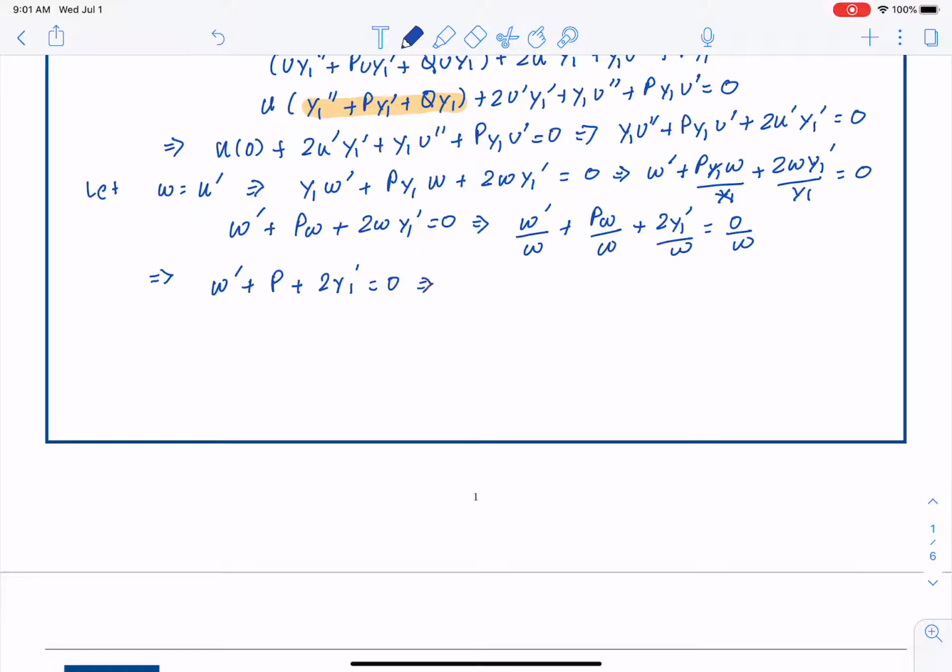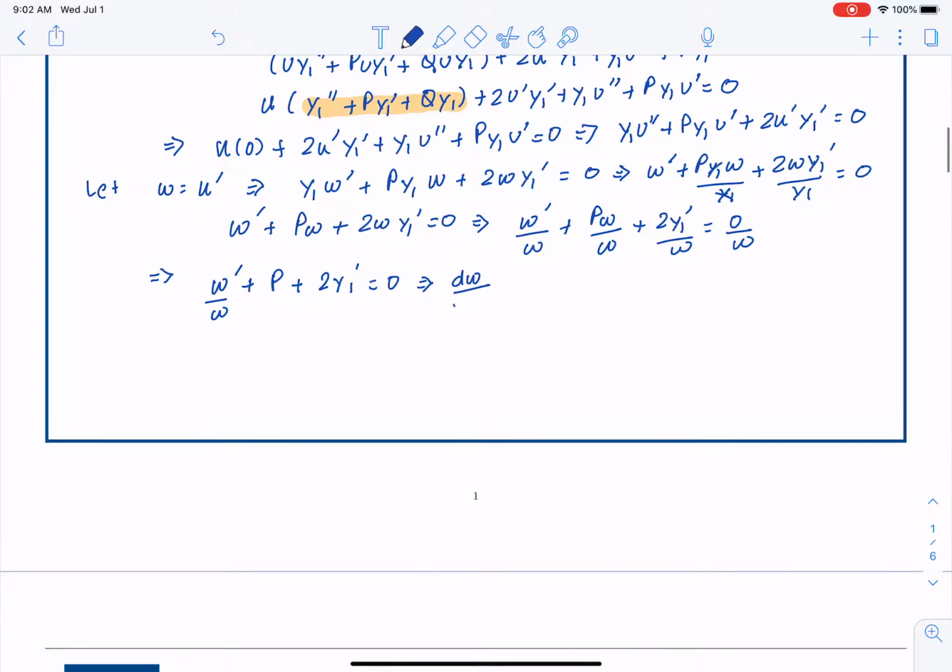Now we know that w prime is simply dw over dx. And y1 prime, I could write as dy1 over dx.